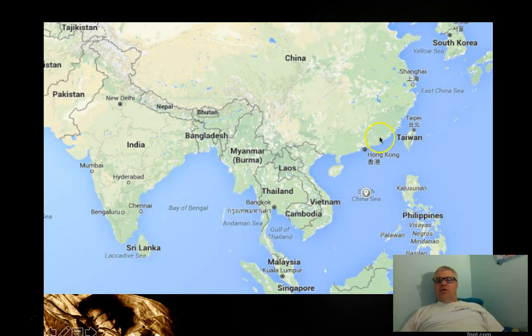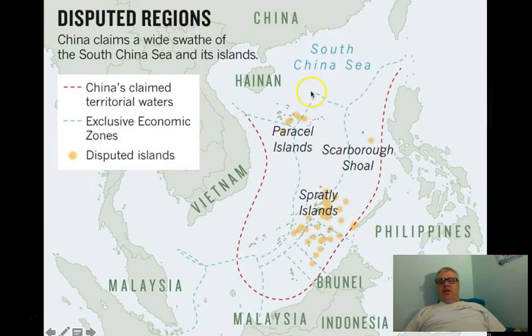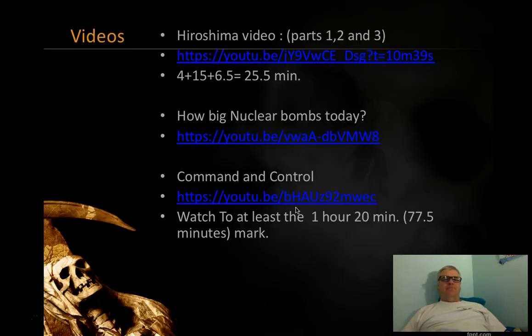This area, the South China Sea and the East China Sea, are potential flashpoints, particularly a lot of the islands out here, which China claims all the way down to here, and other countries claim different sections, and the US says that this should also be international waters that people can go through, so that's created tension between some nuclear-armed powers.